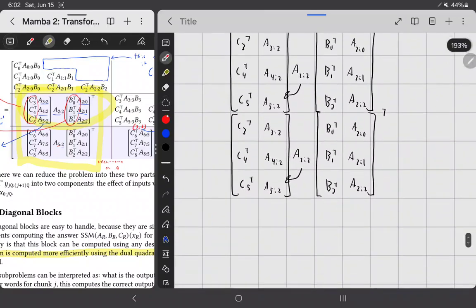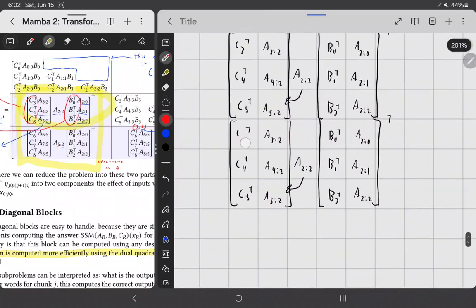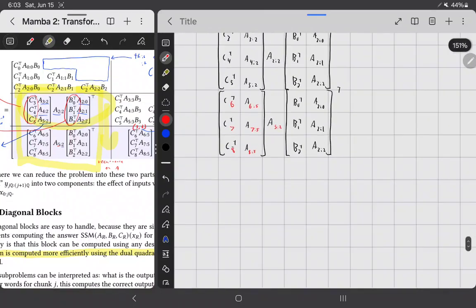So let me change the indices. Notice that as we go down, only C changes, and only A changes. So this becomes 6 to 5, 7 to 5, and 8 to 5. And this becomes 5 to 2. So notice how, as we go down, the queries change, and that's because they change along the rows.